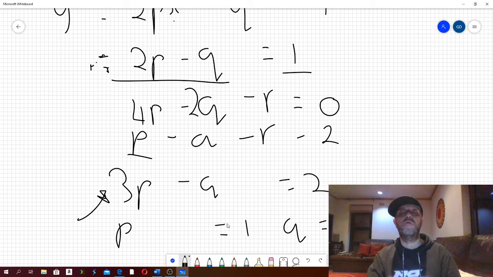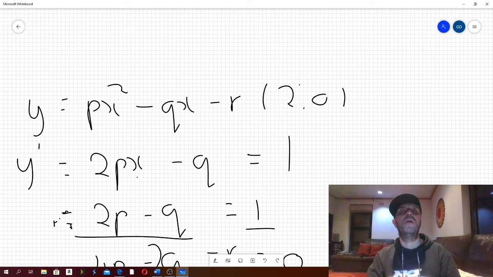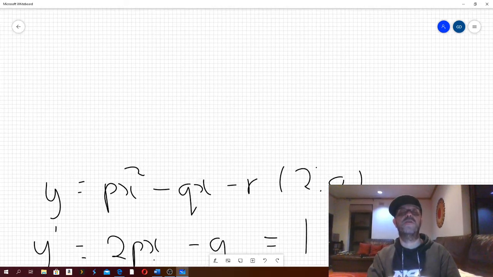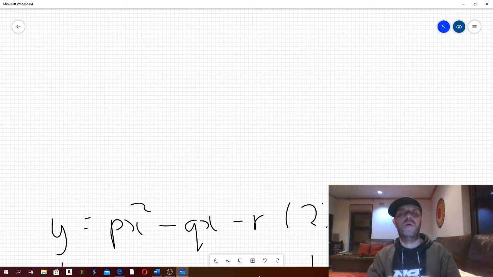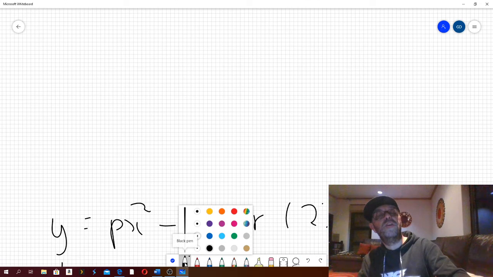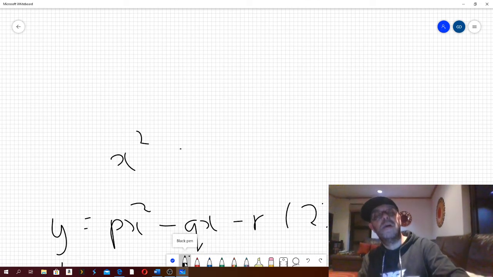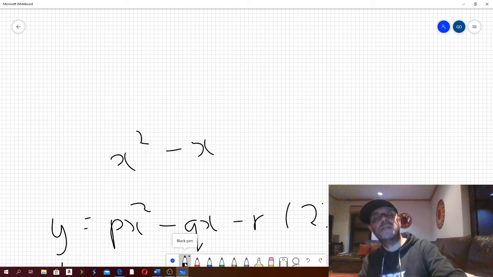So let's put all these values into the original curve and see what it looks like. We've got 1, 1, and minus 2. Here was the original curve. Let's work from here: 1, 1, and minus 2 for q. That means my curve is x squared minus x and minus 2.